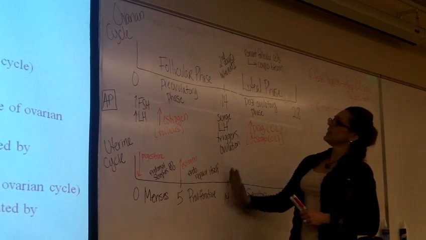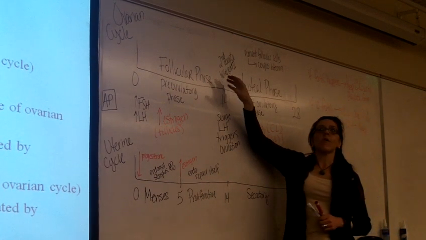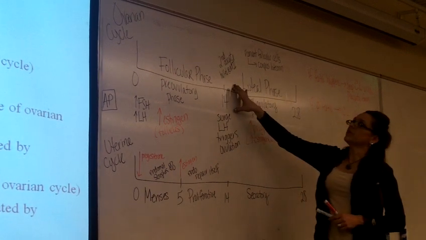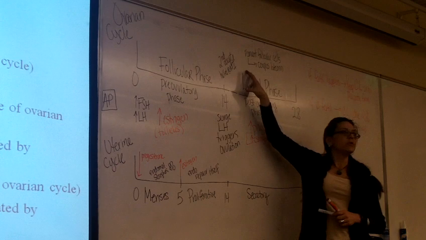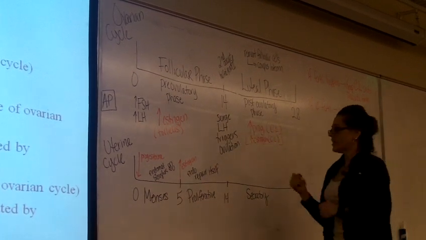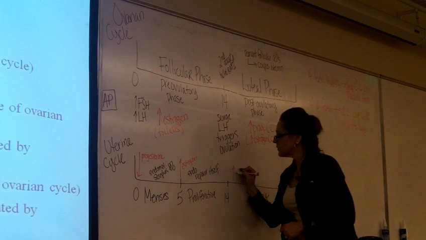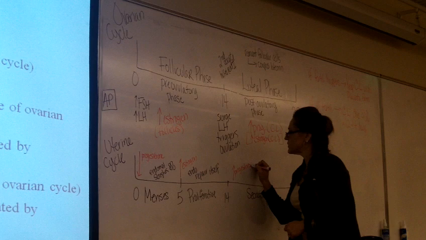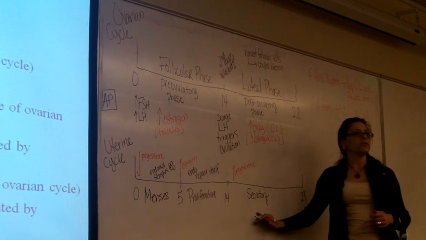Then day 14, up here in the ovarian cycle, we have ovulation. And once we have ovulation, a corpus luteum forms and it starts secreting progesterone. And that rise in progesterone triggers the secretory phase in the uterus.